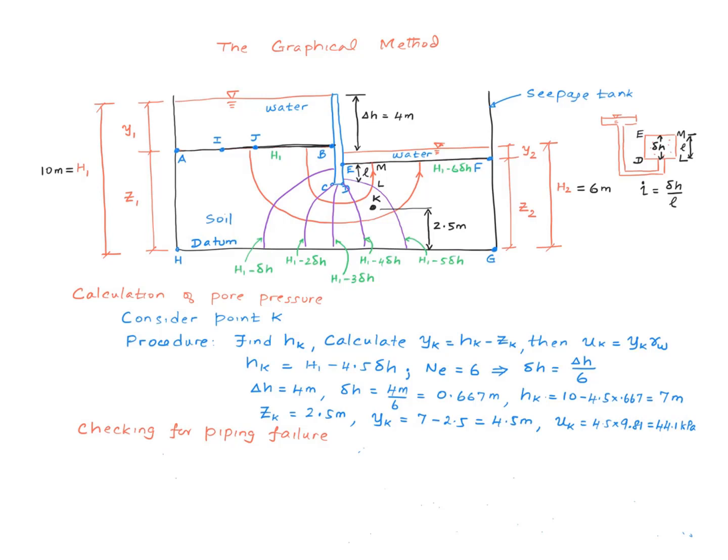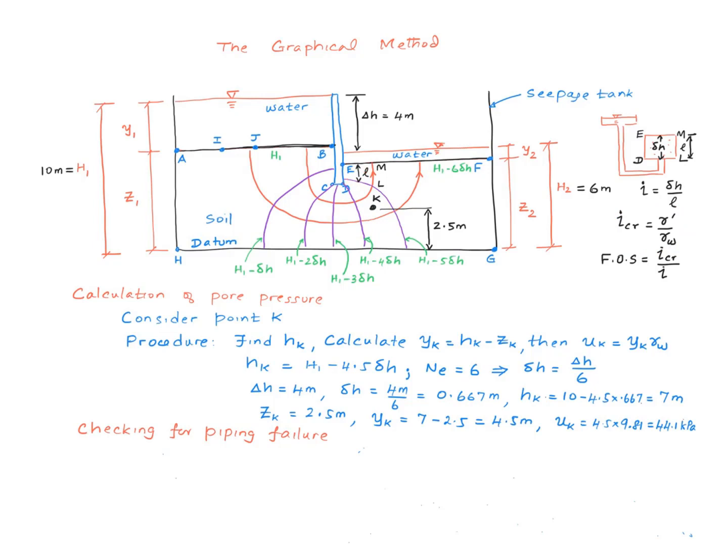So if I can measure this vertical distance little L, then I can calculate the hydraulic gradient by this equation, little delta H divided by L. We compare this hydraulic gradient, the actual hydraulic gradient, with the critical hydraulic gradient, which if you recall is given by this equation for this setup right there.